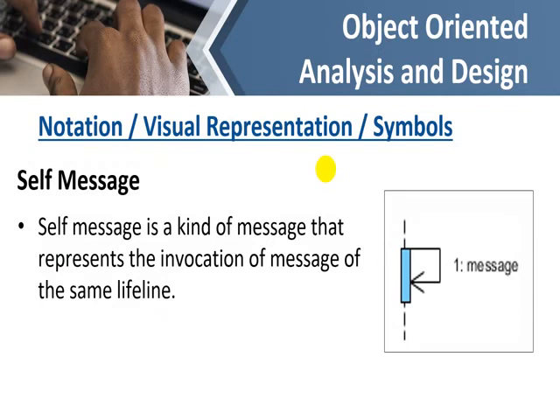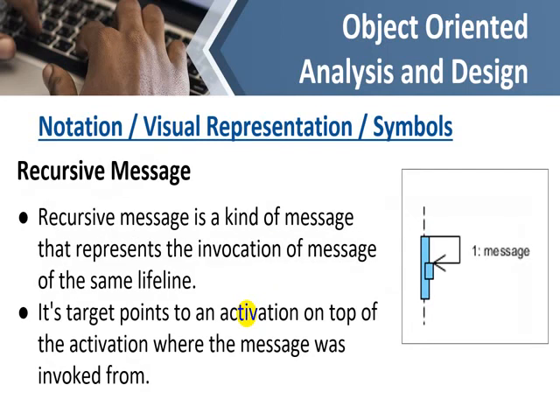In fact, a self message is something in which that particular message is sent to itself, right? The object is sending to itself. The self message is a kind of message that represents the invocation of a message of the same lifeline. So it has been sent to the same lifeline. Recursive message.